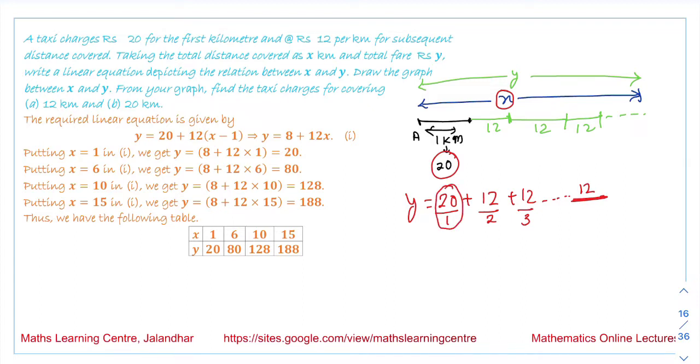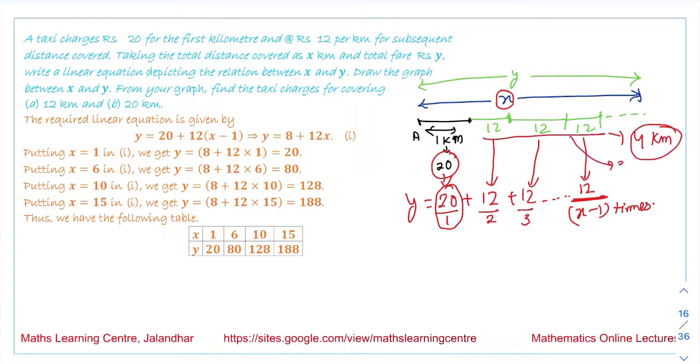For the first kilometer it is 20, so what is left over is x minus 1 times 12. Why? If we have moved 4 kilometers, how many times is 12 added? 3 times.